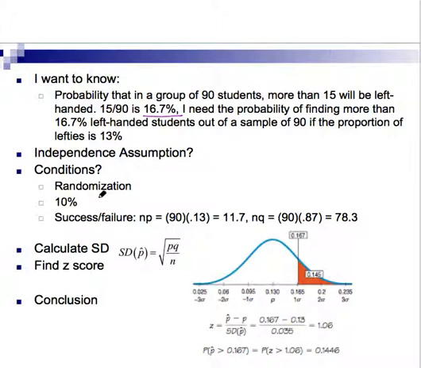A group of 90 students, if they're going to have an auditorium that's going to be big, I'm going to say it's probably safe to assume that it's going to be larger than that. And then here's my success or failure. My success is 11, which is greater than 10, and my failure is 78, which is greater than 10. So we're going to calculate the standard deviation of p hat using this formula, the square root of pq over n.